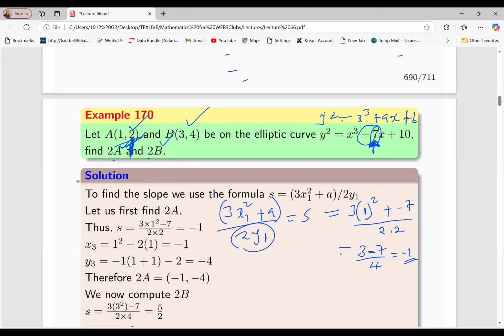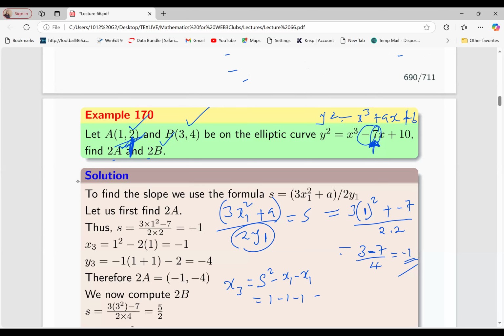Remember, our A is from the curve. That's where you get A from. So we've gotten our gradient. Now we proceed to find x3. And x3 by the formula is gradient square minus x1 minus x1, since it's the same point. Gradient square is 1, x1 is 1, another x1 is 1.